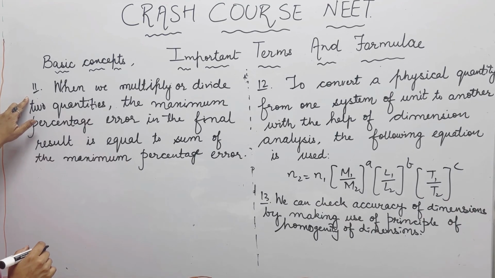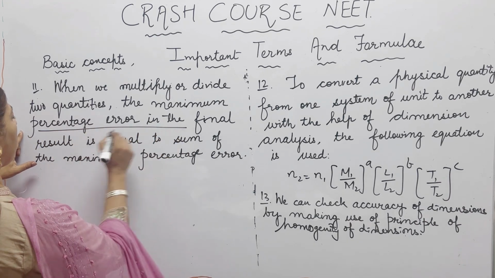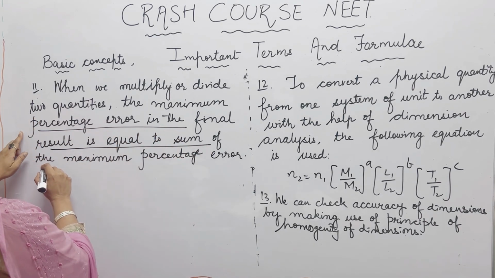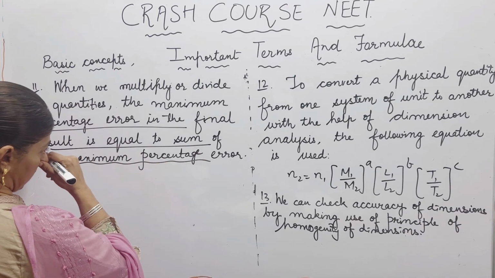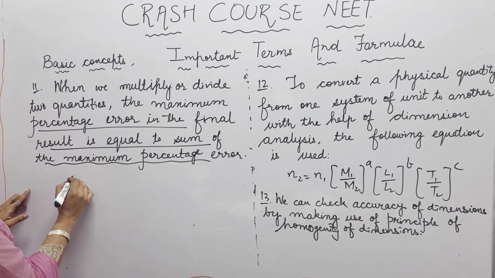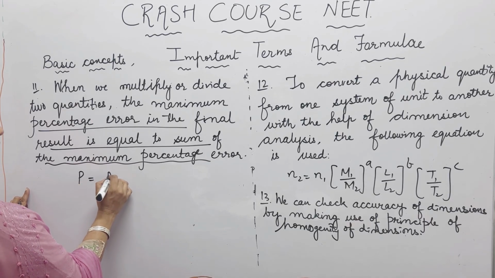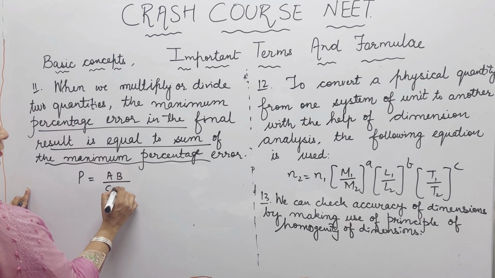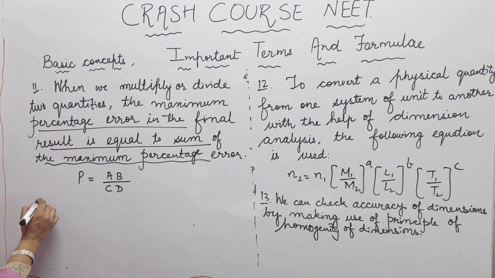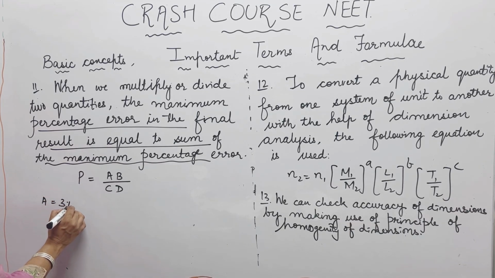Next is when we multiply or divide two quantities, the maximum percentage error in the final result is equal to the sum of the maximum percentage errors. According to it, let any physical quantity, say P, is equal to A into B upon C D, and the percentage error in A is say 3%, in B it is 1%, in C it is 2%, and in D it is again 1%.